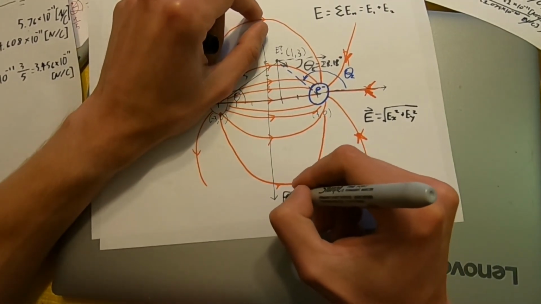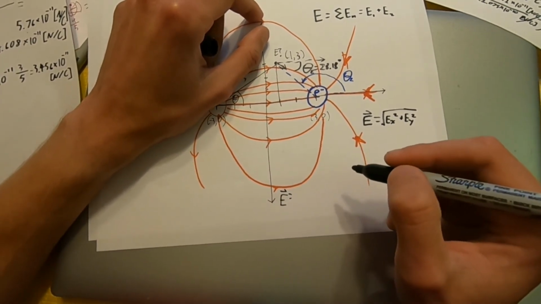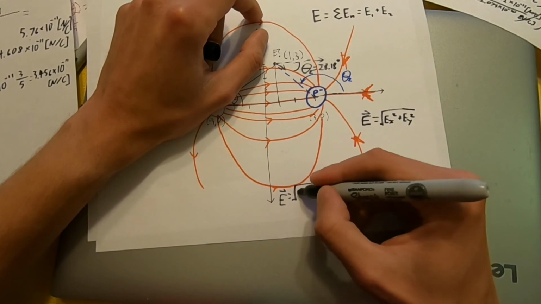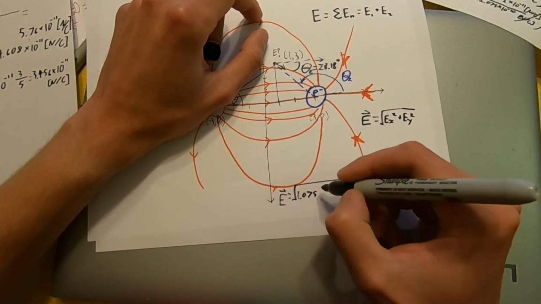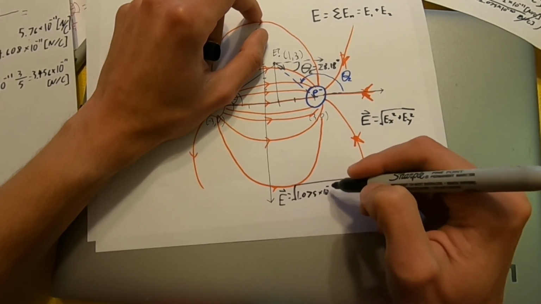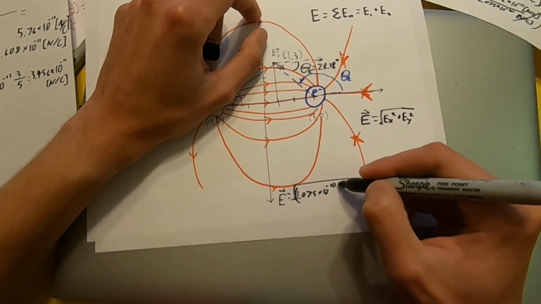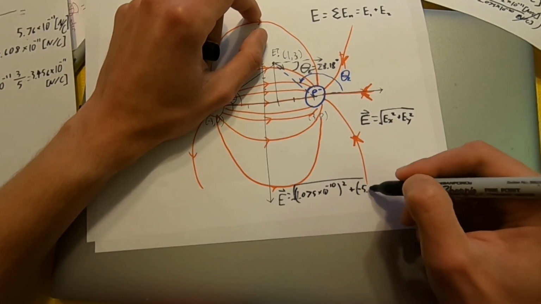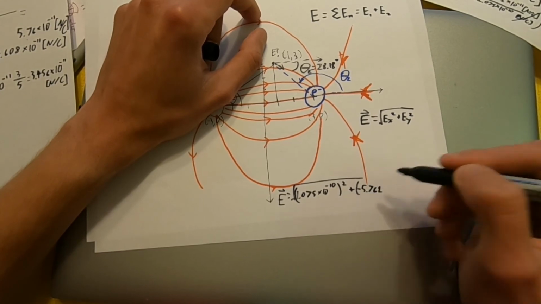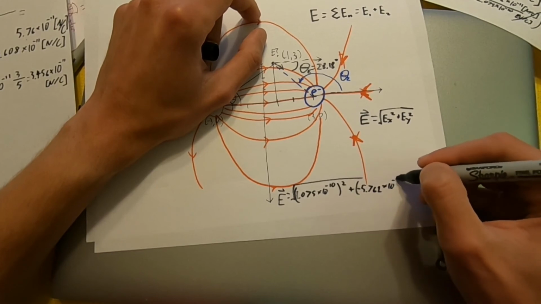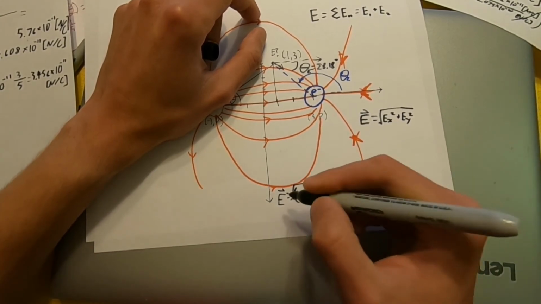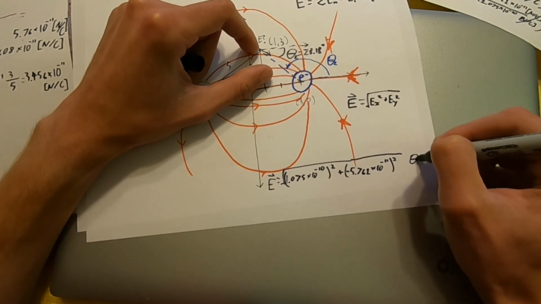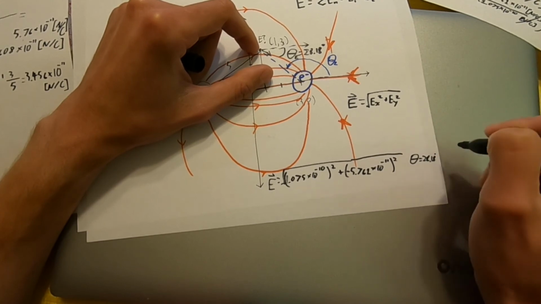So our magnitude of E is going to be equal to the square root of 1.075 times 10 to the negative 10th squared, plus negative 5.761 times 10 to the negative 11th squared, and this negative doesn't really matter because we're squaring it, at an angle of 28.18 degrees.